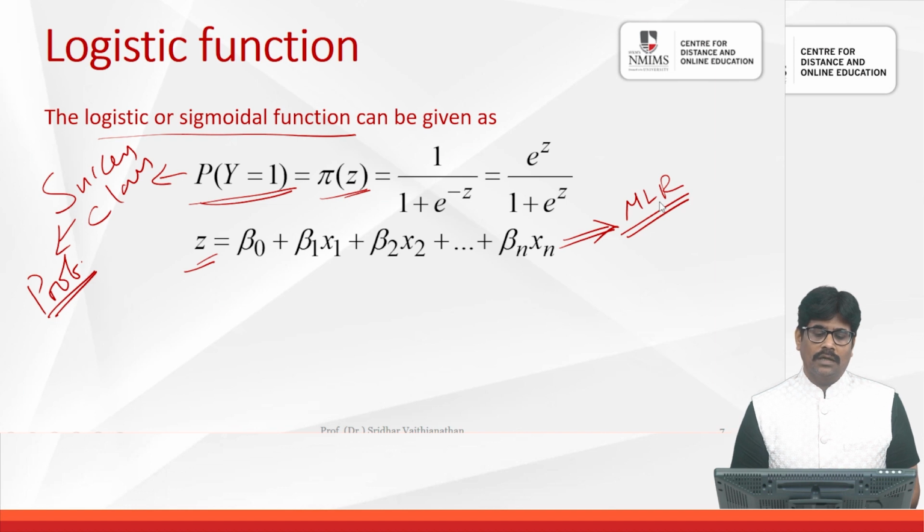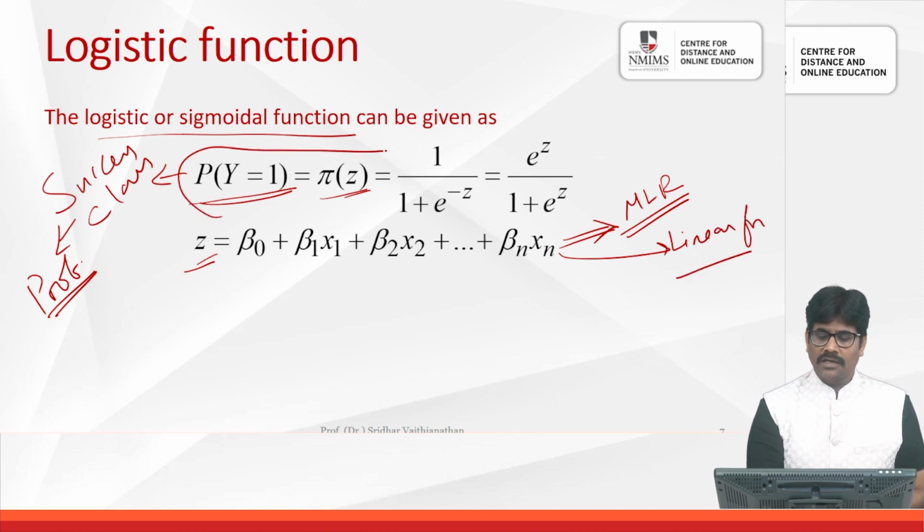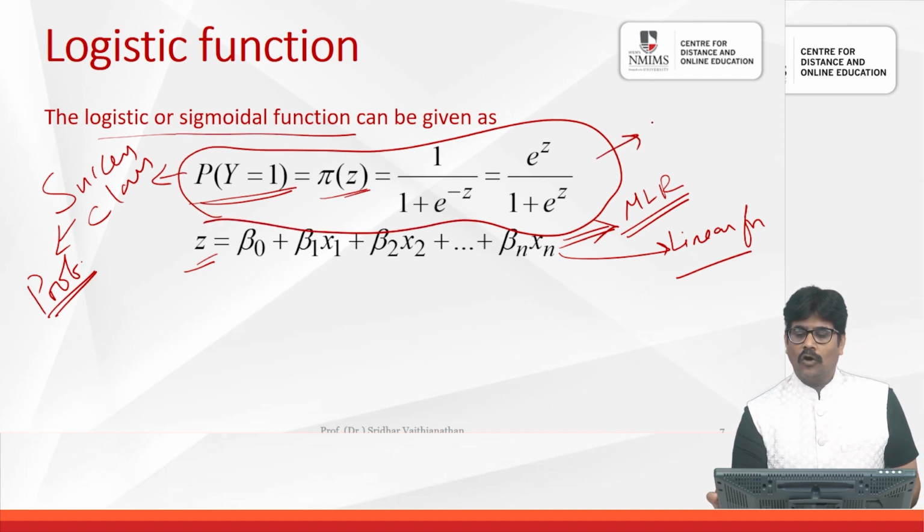So z is a linear function in this case, but the sigmoid function is not a linear one.